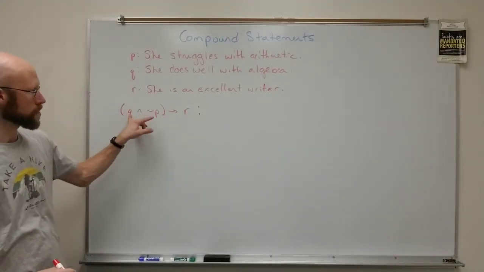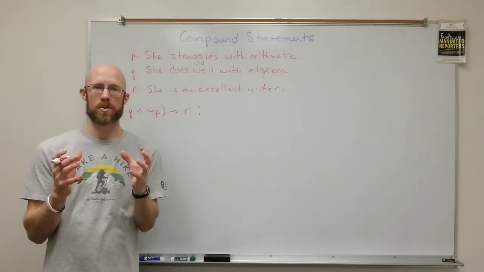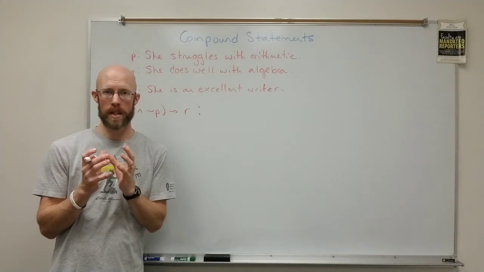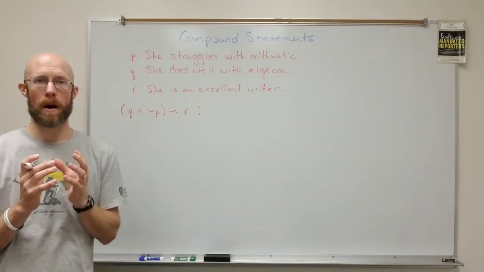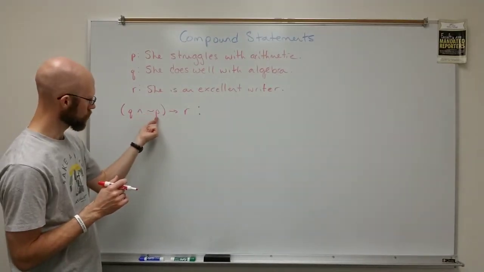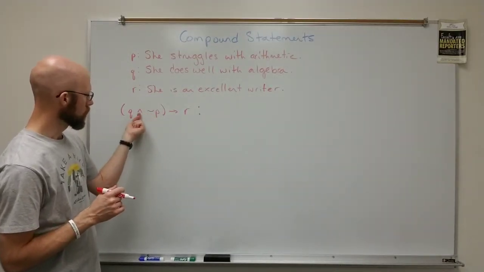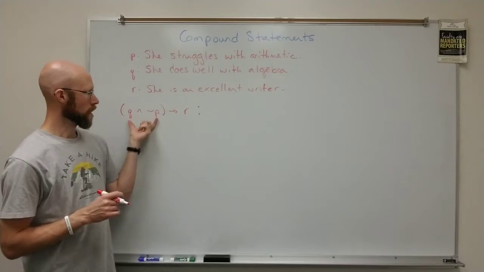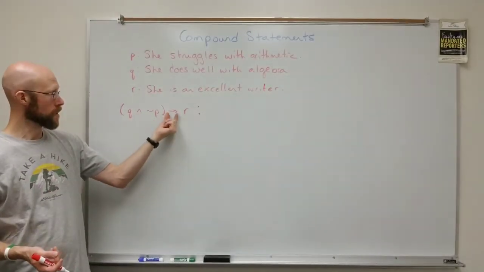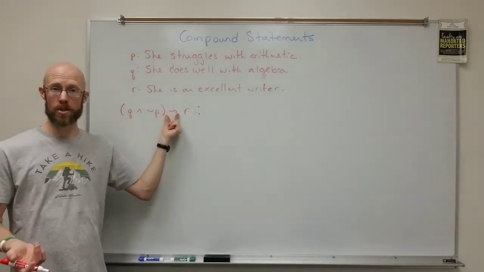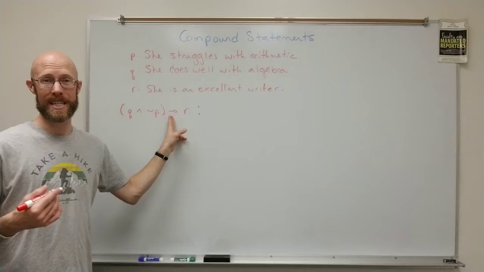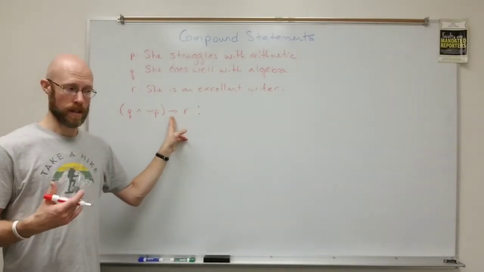Again, the parentheses signify that that connective is grouped together, that it's its own part of the sentence. In this case, the negation sticks with the P. The conjunction applies to just the Q and not P part. The implication or the conditional applies to the whole sentence. This is what we would call the dominant connective.